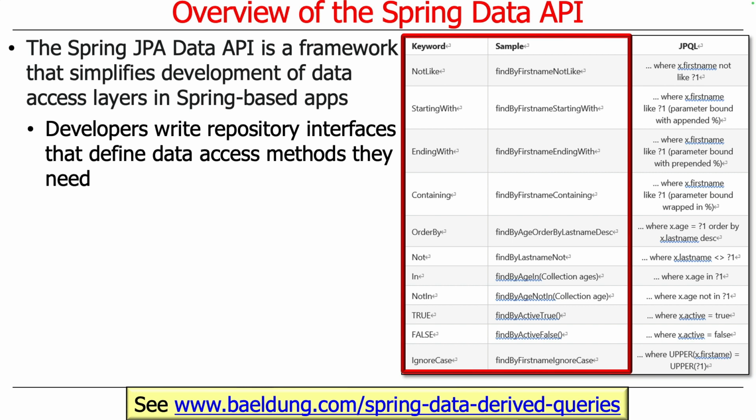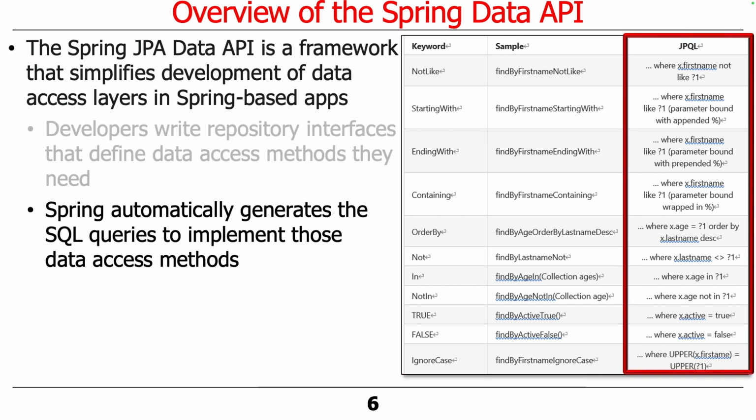These are the keywords, and this is how you could put them together into a method name that you define, like find by first name not like, or find by first name containing. And then it shows you the corresponding SQL that will be automatically generated to represent what the query method is trying to do.